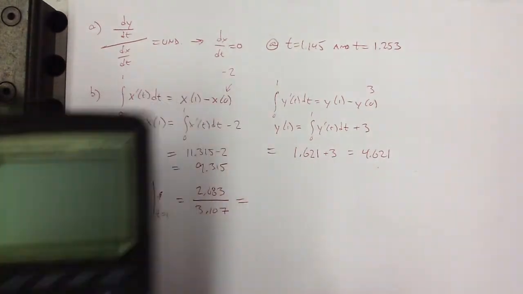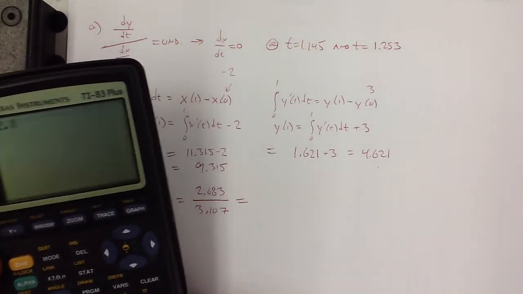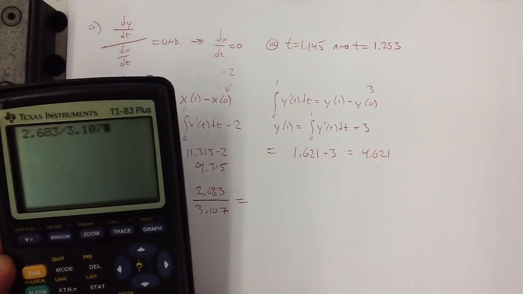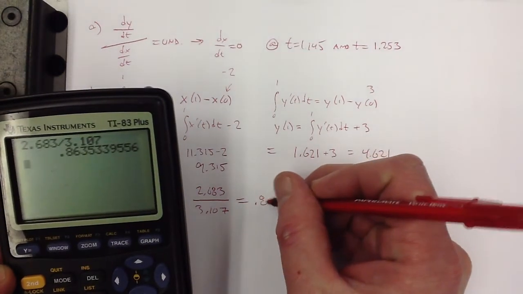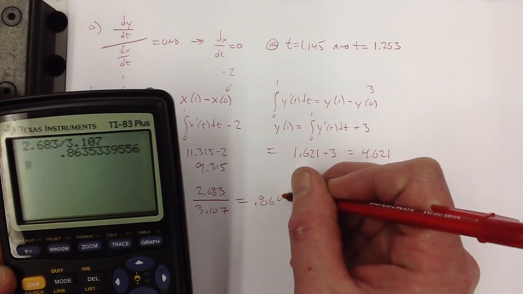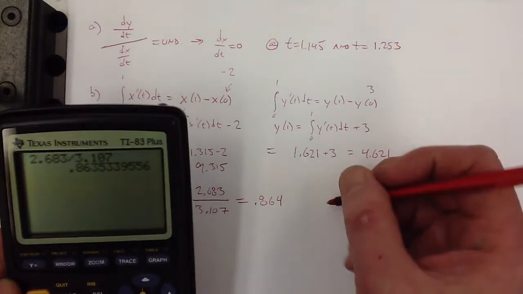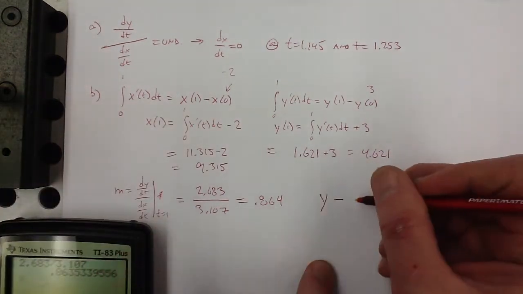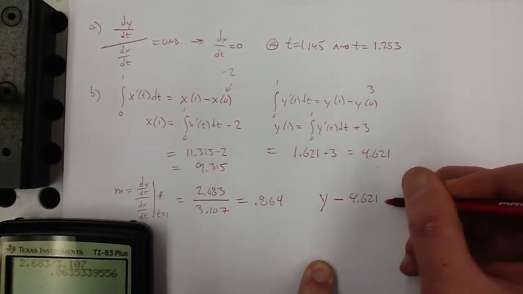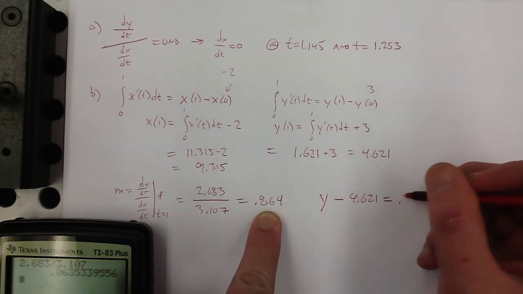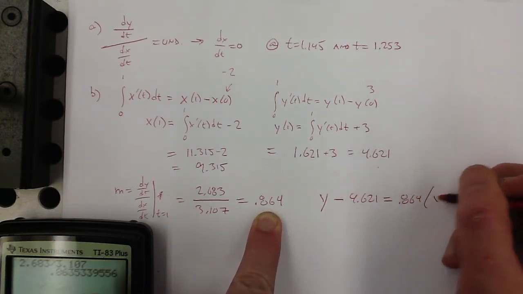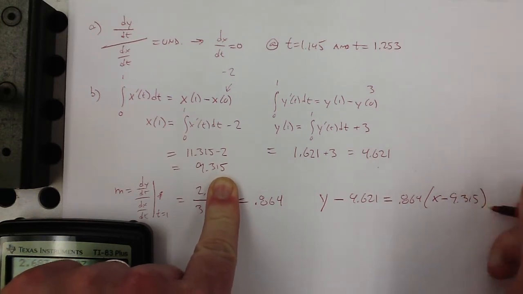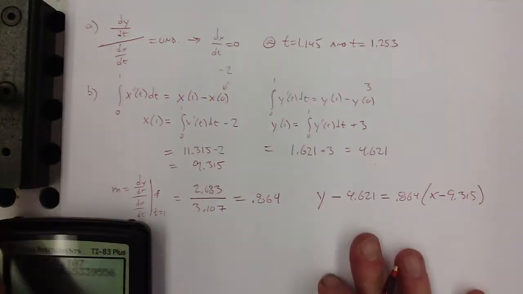So the slope of my line is 2.683 over 3.107, which is about 0.864. So my line is y minus y1 equals m times x minus x1. That was fun.